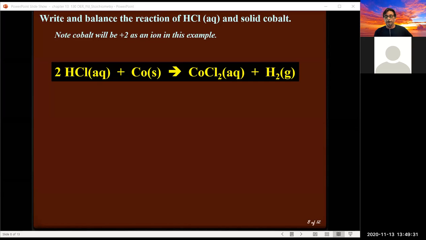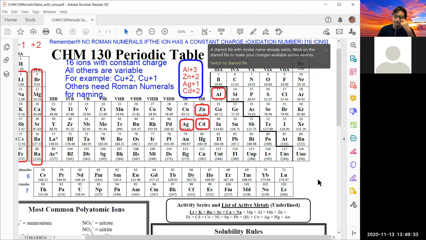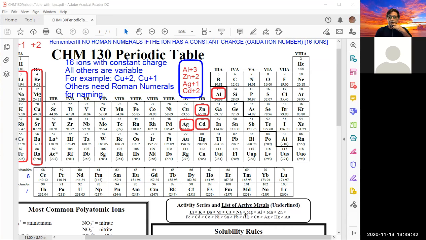Okay, on the periodic table, and I'm sharing the activity series. All the activities here are relative to hydrogen.